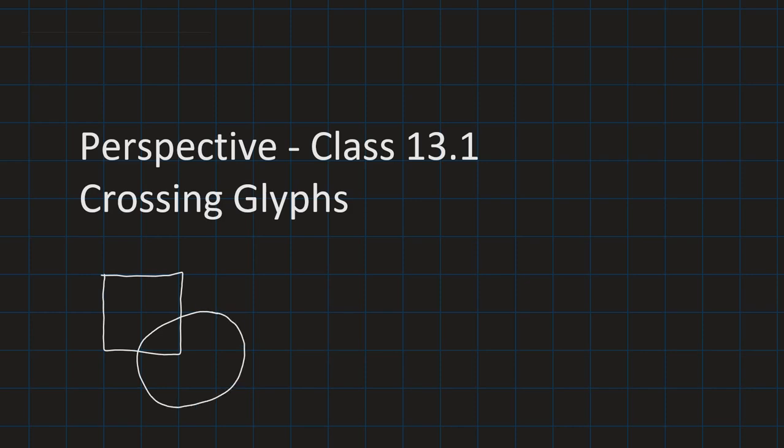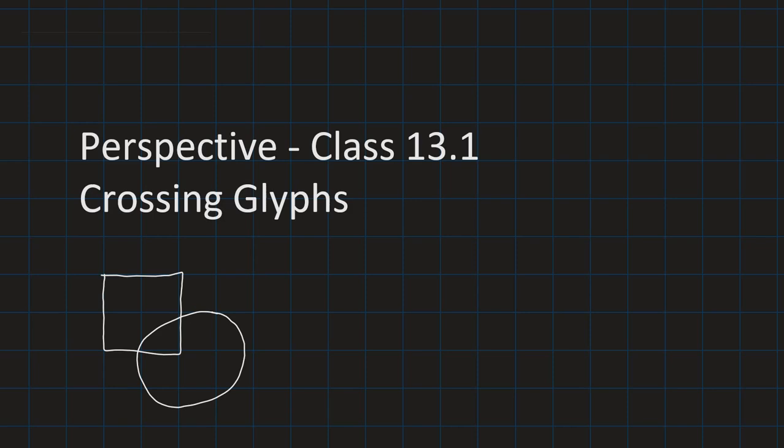Okay, so there's overlaps, but the issue is, based solely on this resulting image, you can't tell which one is in front. Is the square in front of the circle, or is the circle in front of the square? You just can't tell, because they look perfectly flat. This is the resulting image of a parallel or central projection.